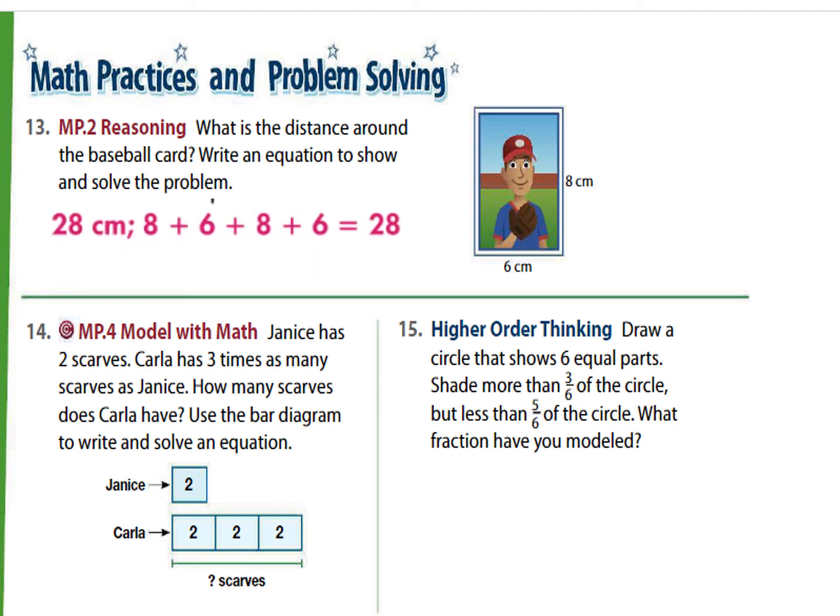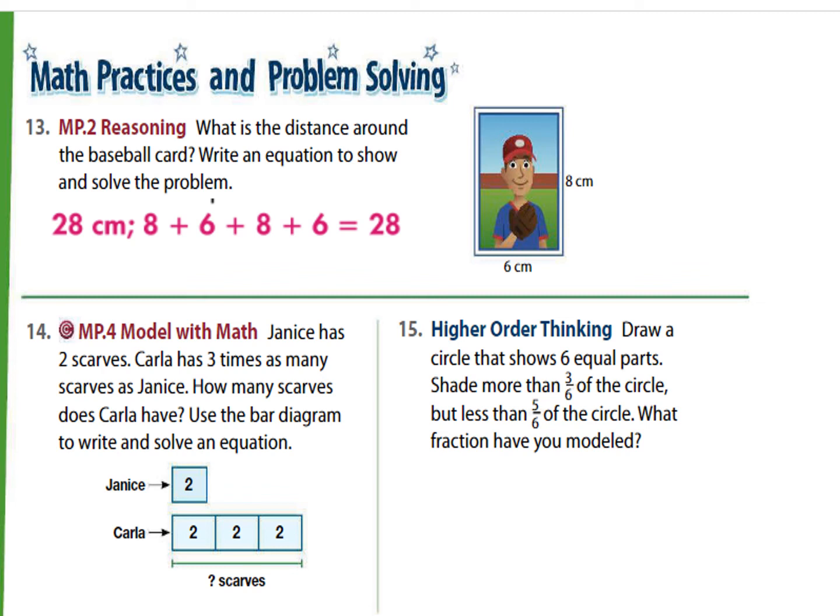Now question number 14. Janice has 2 scarves. Carla has 3 times as many scarves as Janice. How many scarves does Carla have? Use the bar diagram to write and solve an equation. Look at the bar diagram down.